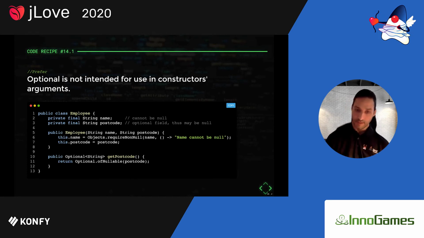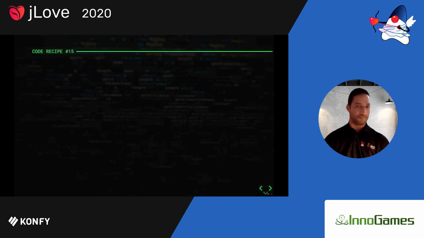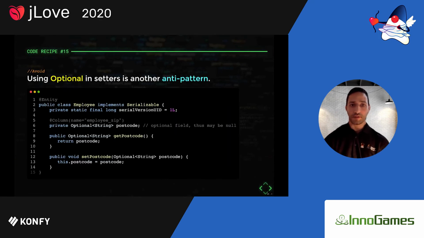Agreed? Let's go to a different case, guys. Using Optional in setters is another anti-pattern. So don't use it, as we don't use it for constructors. A constructor is a method, actually a special type of method, and so we cannot use it for methods either.